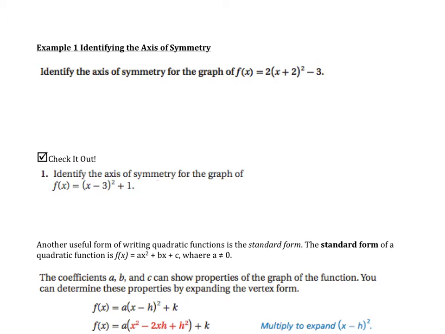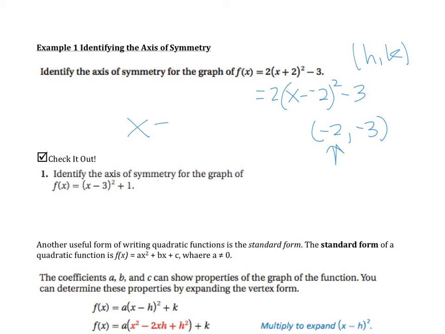So let's look at a function. If I rewrite this as x minus negative 2 quantity squared minus 3, my vertex would be negative 2, negative 3, and the axis of symmetry is whatever that x coordinate is, x equals negative 2.